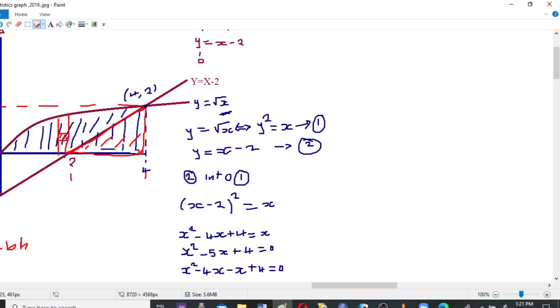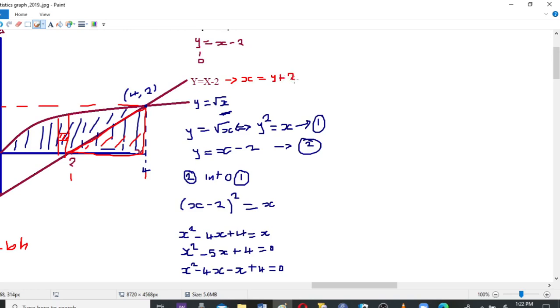That means we are going to turn our limits into x values. What we mean by that is this equation, y is equal to x minus 2, changing the variables, will go to x is equal to y plus 2.